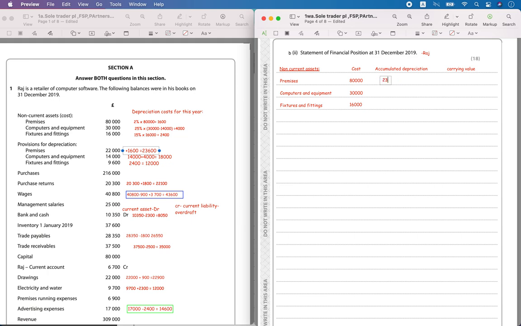Let's put it in the answer sheet. 23,600 was for the premises, and then for the computer and equipment it was around 18,000. And then fixtures and fittings were around 12,000.